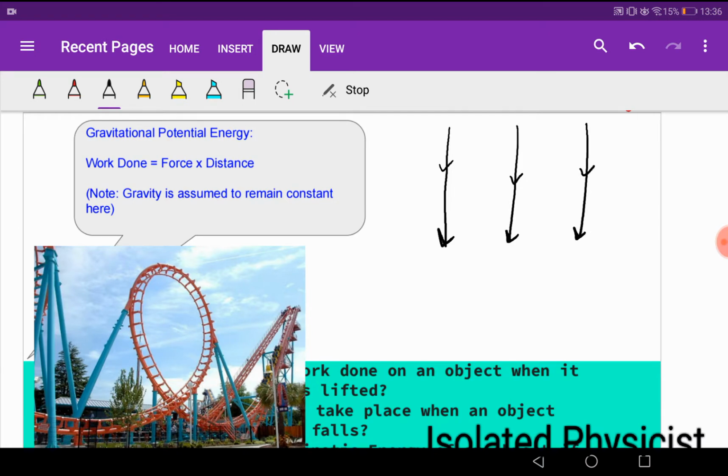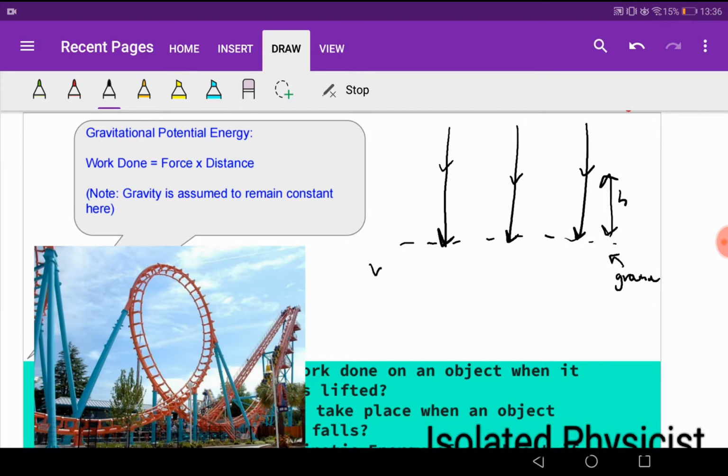We do more about this in year 2. And if we have an object that is at a distance above a set height, in this case the surface of the Earth, or the ground, this is a distance h.